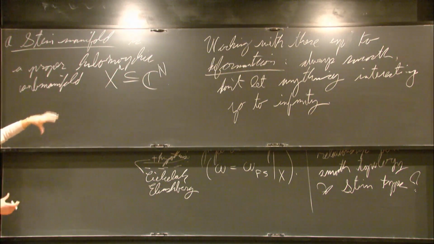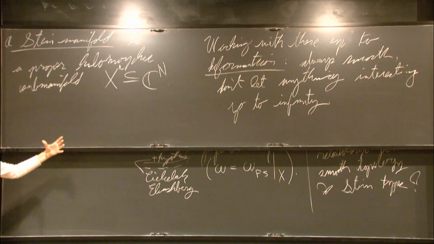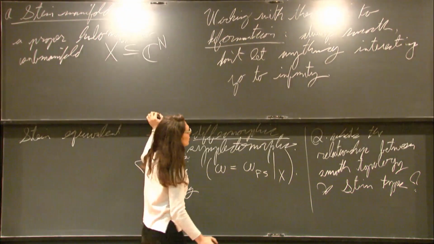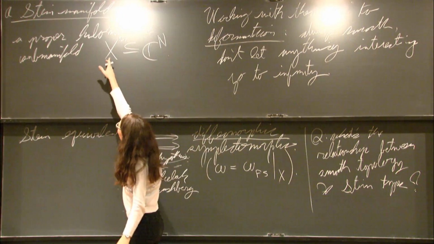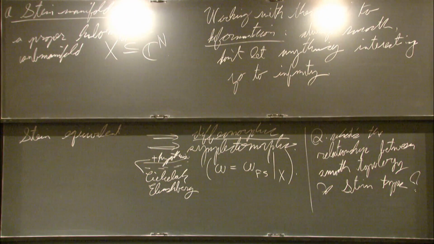So I don't want to have the disk embedded in C embedded in C^2 or anything like that. Going to infinity in X forces me to go to infinity in C^N. Okay, great.